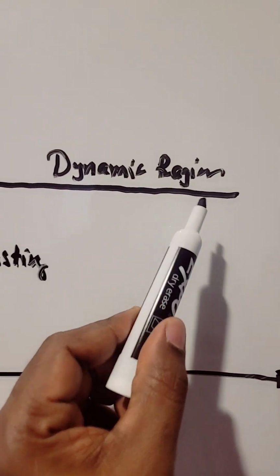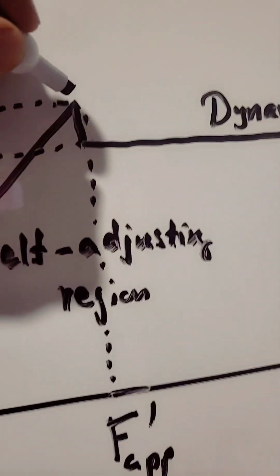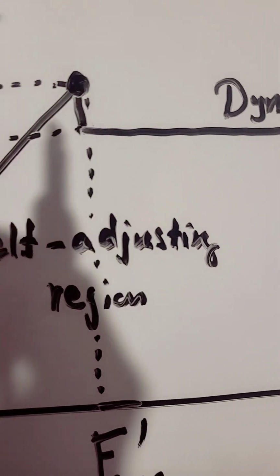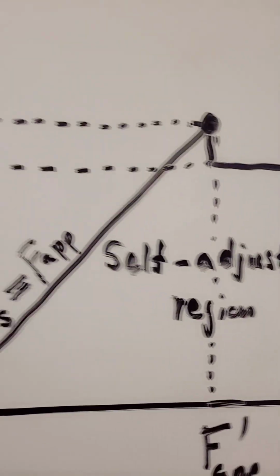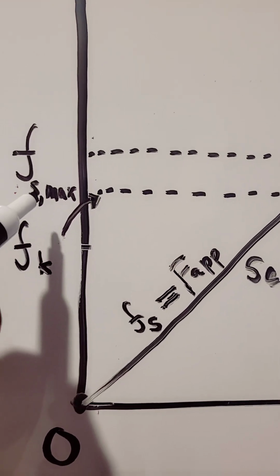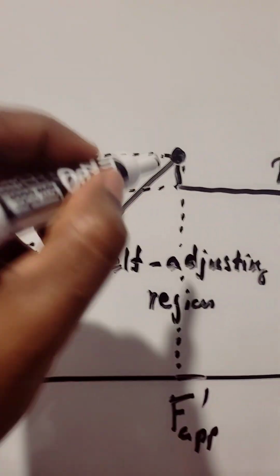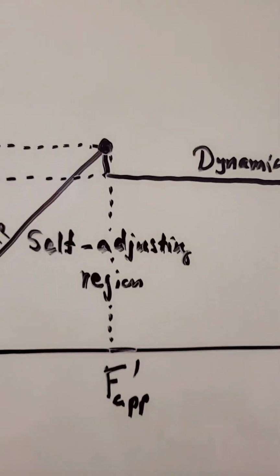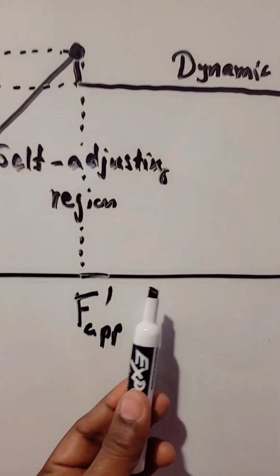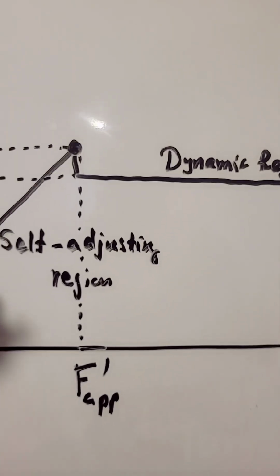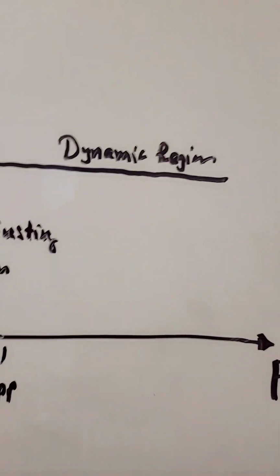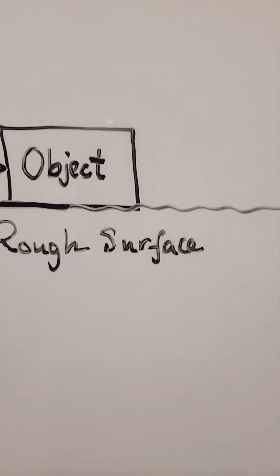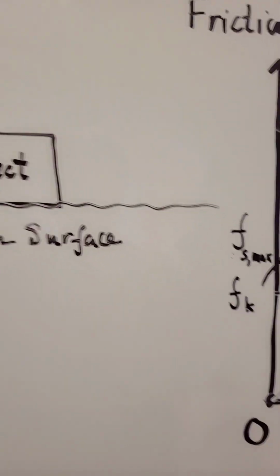That's the dynamic region. And then this point, this critical point where you have the maximum value of the static friction force, that's the critical point, okay? If you slightly increase the applied force beyond that, then the static friction becomes the kinetic friction, or the object will start to move relative to the surface.